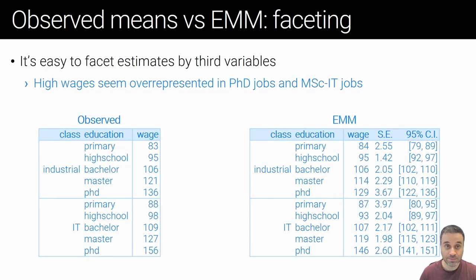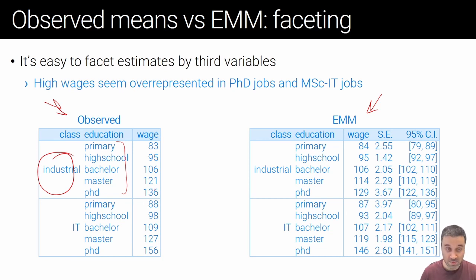What else can we do? Well, we could facet. So, for example, we could look into differences across education levels by job class. So in this case, we are again looking into the observed scores over here and the estimated marginal means over here. What difference do we see? Well, the high wages seem to be overrepresented in PhD jobs.